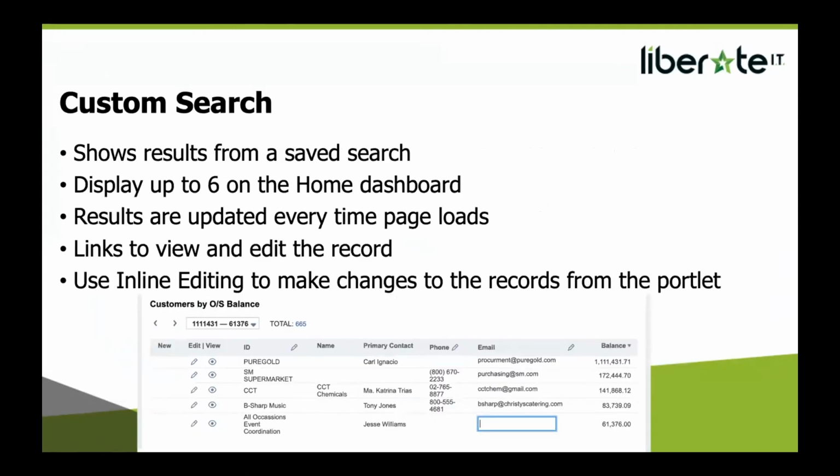So for custom search portlets, you can configure custom search portlets to display saved search results on the homepage dashboard. You can pull up to 6 custom search portlets, which can be used on the homepage. Right? So the number of columns displayed will depend on where the portlet is placed. Whether the portlet is placed left or right, you can pull up to 4 columns.